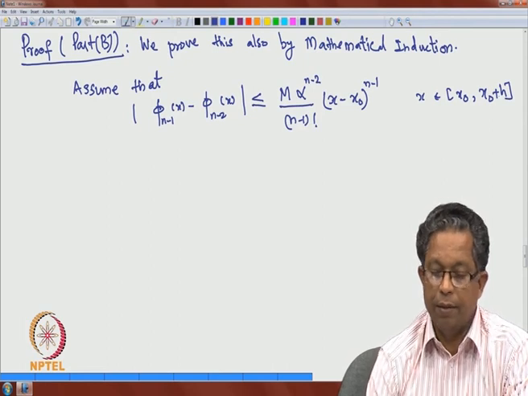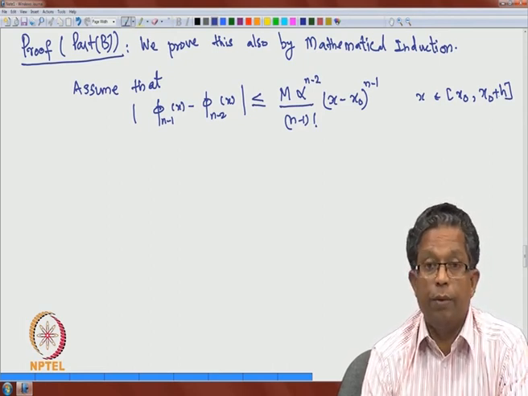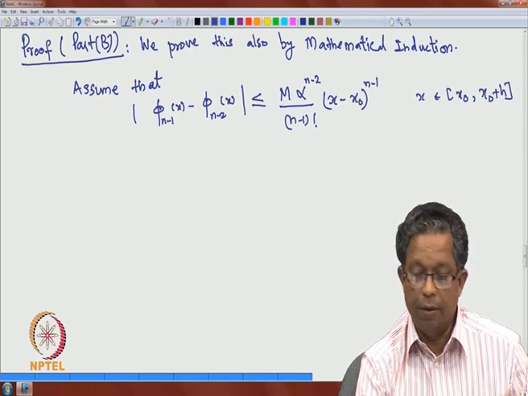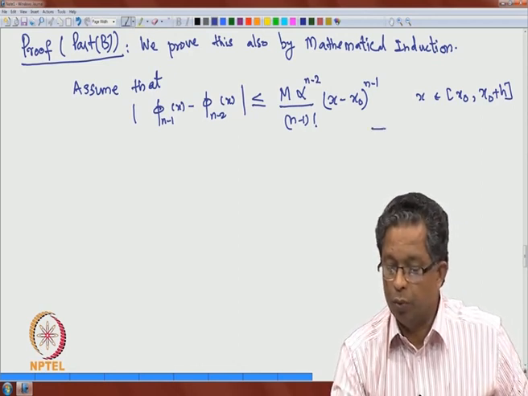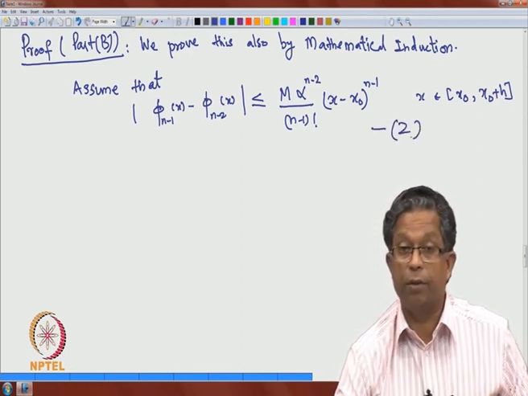We assume that this inequality is true for n minus 2. So, call this inequality 2.